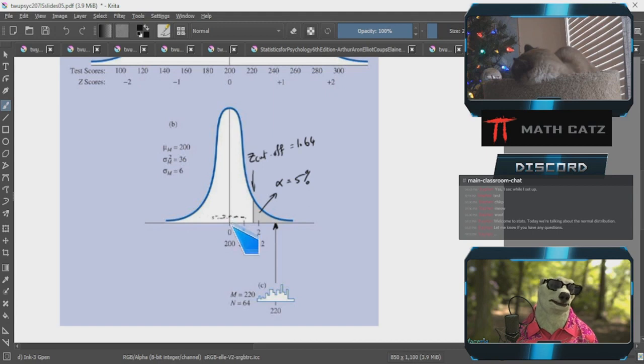It's not centered at the same mean, but maybe it's shifted a little bit over. For me to get a sample like this, it's going to sit somewhere over here.